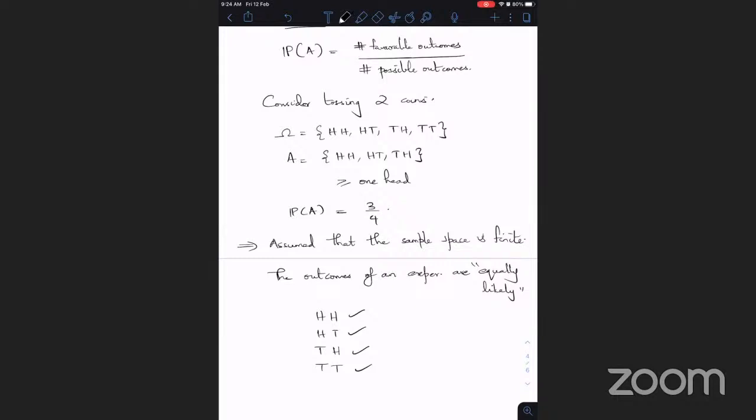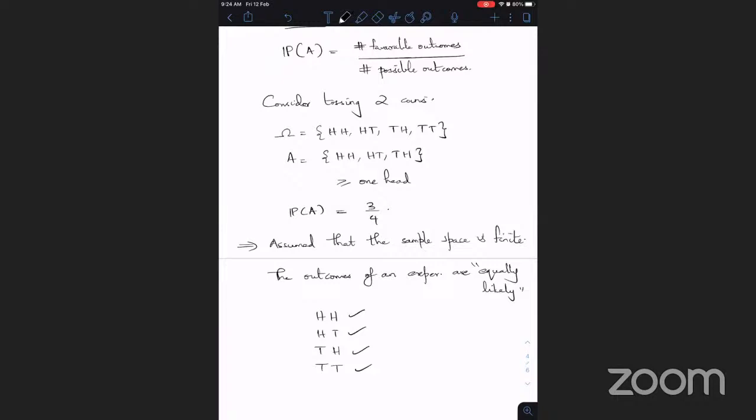I hope these two assumptions are clear for everyone. This is very crucial. And for many experiments, it would actually be the case that you're looking at equally likely possible outcomes and the sample space would be finite. And in that case, you can use the simple definition and get away with it. But there would be many real world scenarios where you'll have to use a much more standard definition.